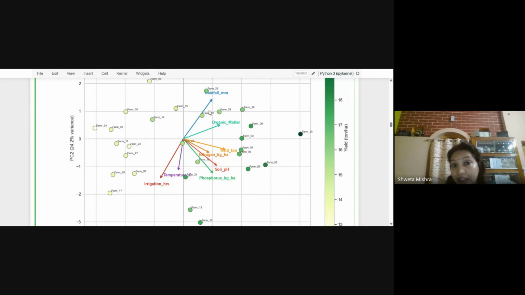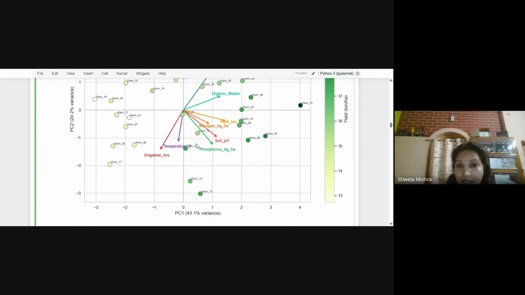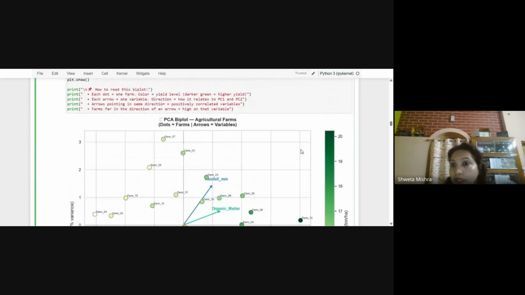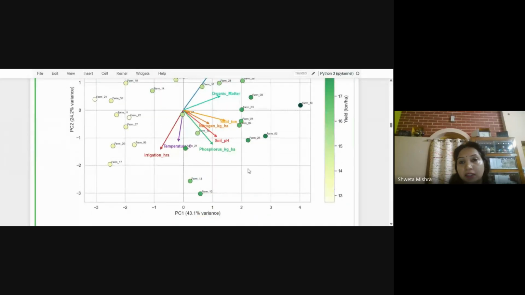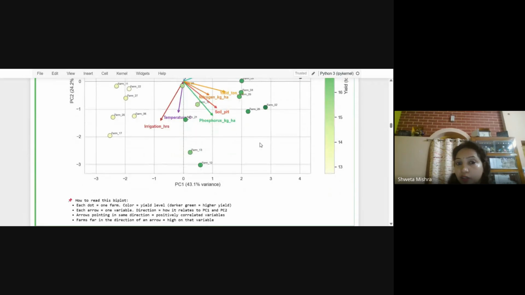That is why they represent opposite directions, while arrows going in a similar direction impact each other. Mostly they go along this principal component, which means they are purely impacted by soil pH, phosphorus, and nitrogen.